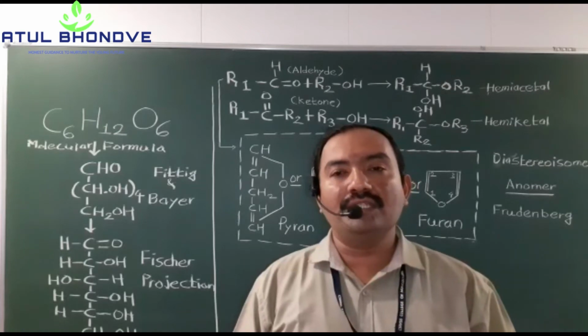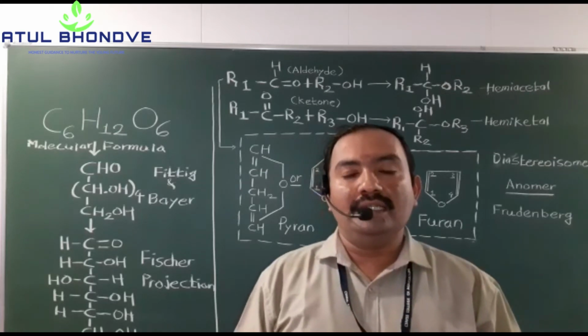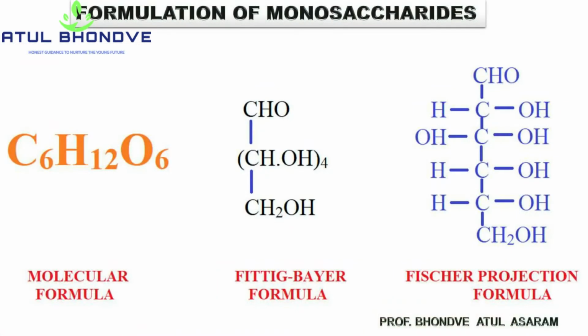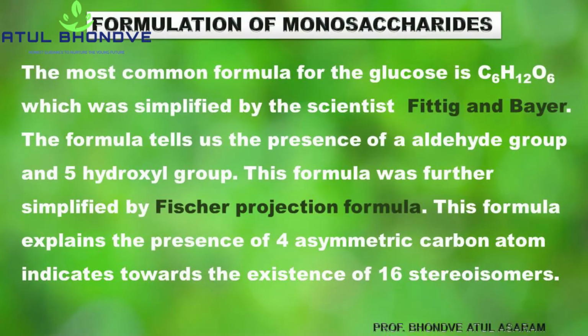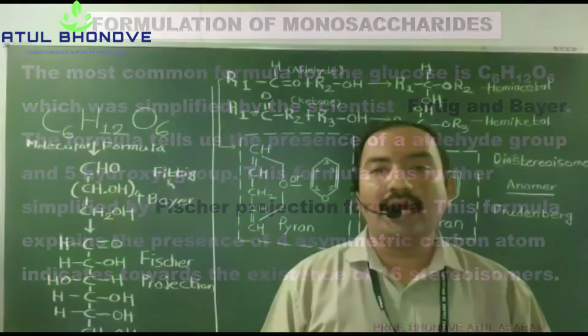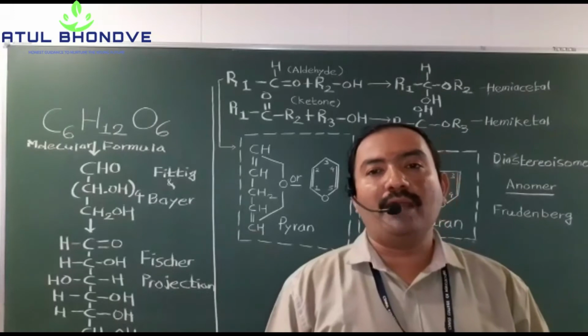The detailed configuration was not explained, hence the scientists Fittig and Baeyer simplified the molecular formula of glucose and represented their own formula for glucose, the Fittig and Baeyer formula. This formula is in front of you, represented on the blackboard.